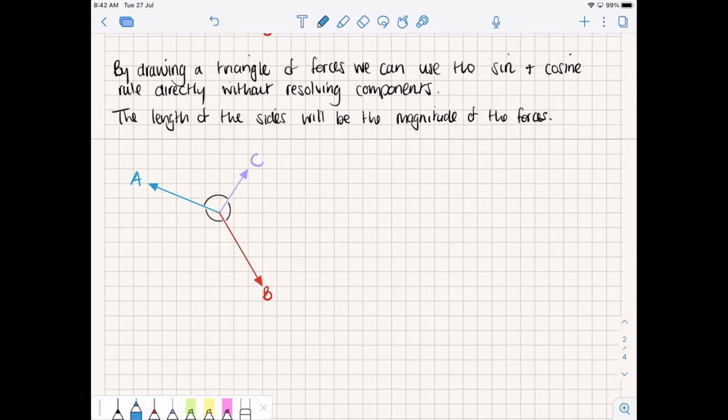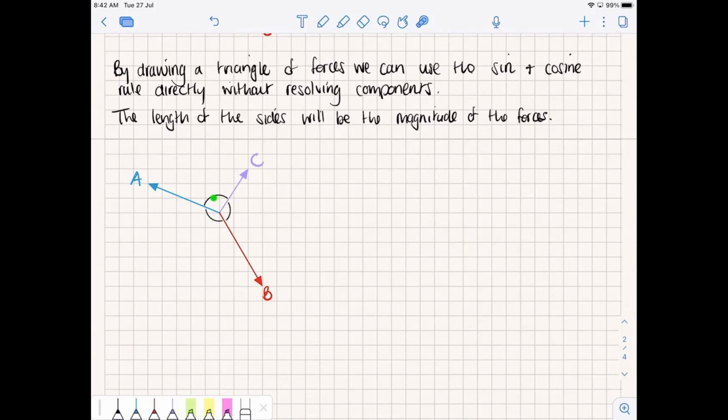Now, the convention is to label the angle right opposite vector A. In other words, this angle over here, you'll see it's the angle between the other 2 vectors. So the angle opposite vector A is not adjacent.